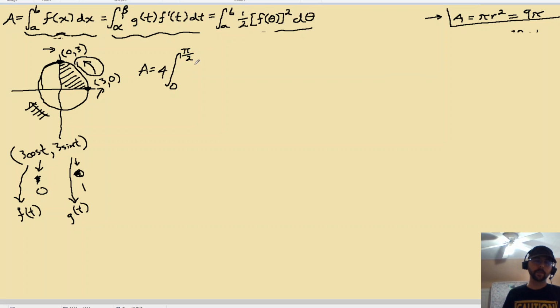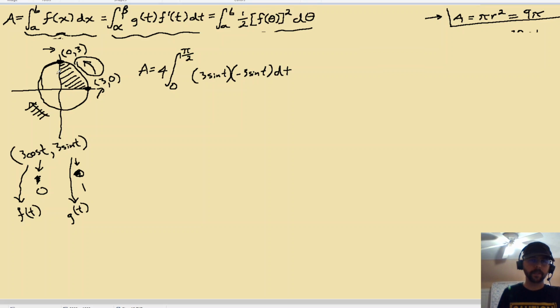So the integral from 0 to pi over 2 of g of t, which is 3 sine of t, times the derivative of f of t. So that's going to be the derivative of 3 cosine of t. The derivative of 3 cosine of t should be negative 3 sine of t. Yes. Which probably means that I went the wrong direction on the circle, because I can already tell that we're going to end up with the wrong sign.